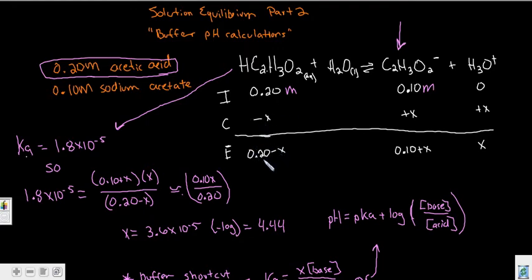Now, that's a lot of algebra, and you could do it. But one thing that we've learned is that the value of x is very, very small. So adding this little teeny bit probably isn't going to affect it too much, and subtracting this same little bit probably isn't going to affect that too much.